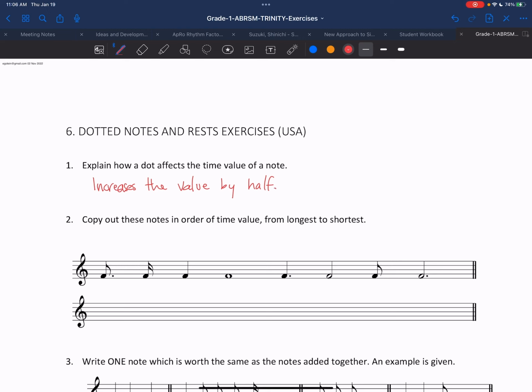Meaning that if we have a quarter note and we add a dot, it's the same thing as having a quarter note plus an 8th note, since we know from our previous chart that half of the value of a quarter note is an 8th note. So this would equal 1.5 beats.